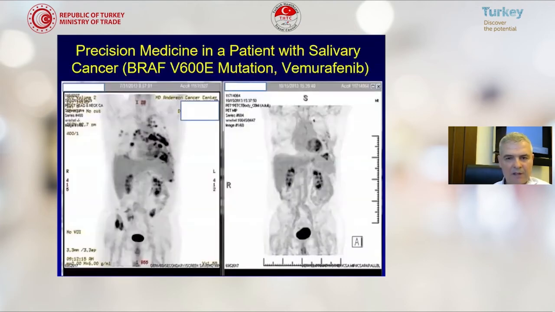For example, this is a BRAF mutation in a patient with salivary cancer. You see here on the left-hand side the cancer, which is dark colored. The black ones are all cancer in the upper body. After you treat with a smart drug called dabrafenib, all the lesions have vanished.